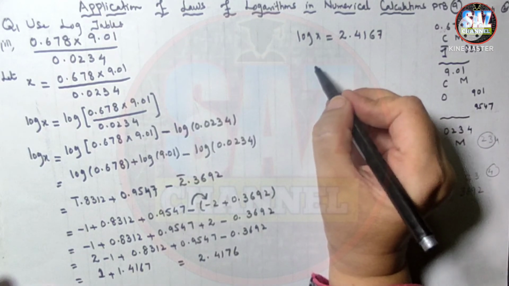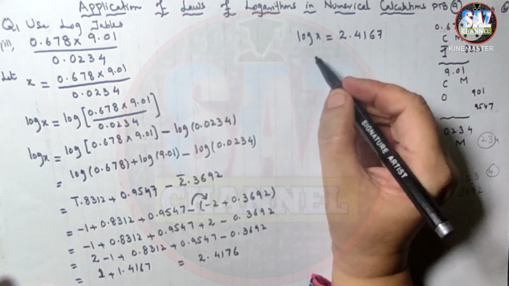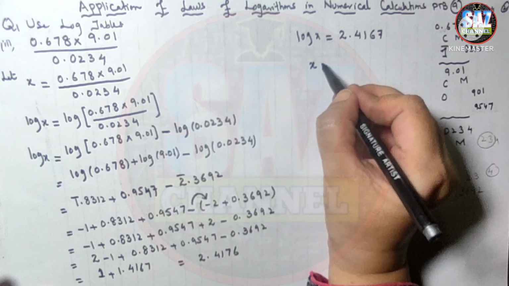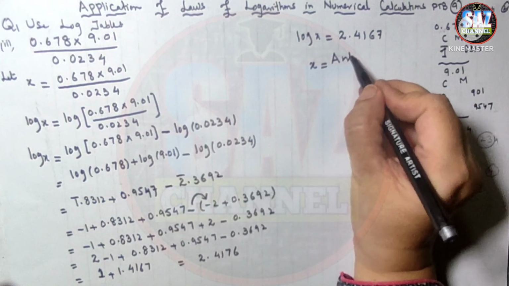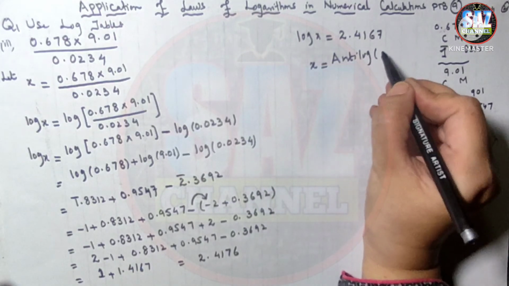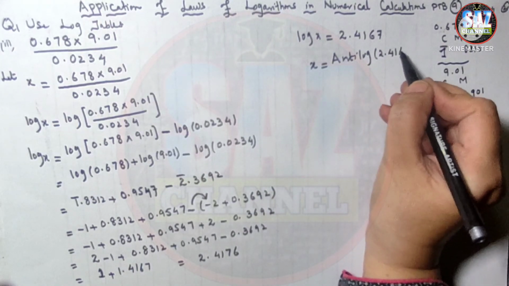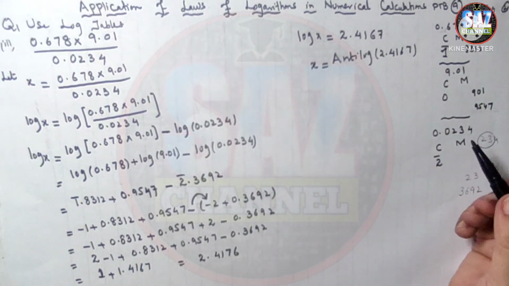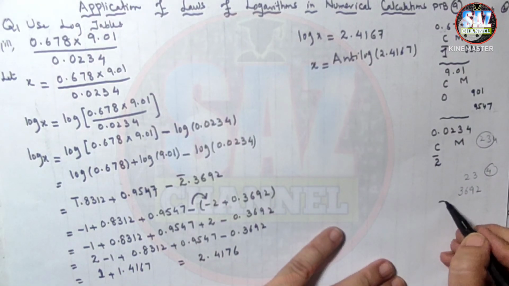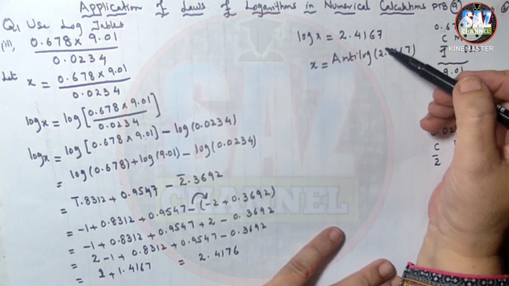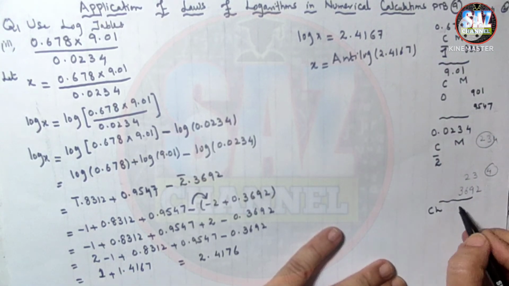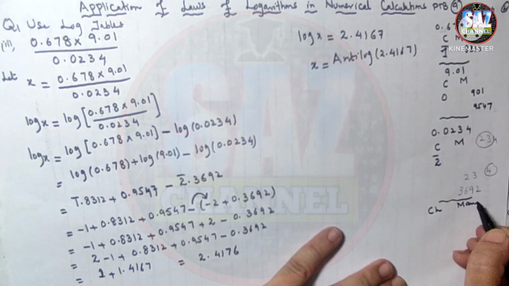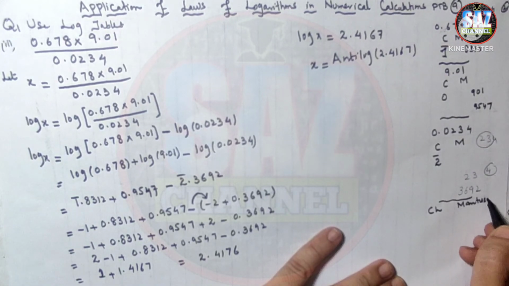In order to find the number, we have to take the antilog of 2.4167, and now recall the role. This is the log, the first part is the characteristic and the second is the mantissa part.